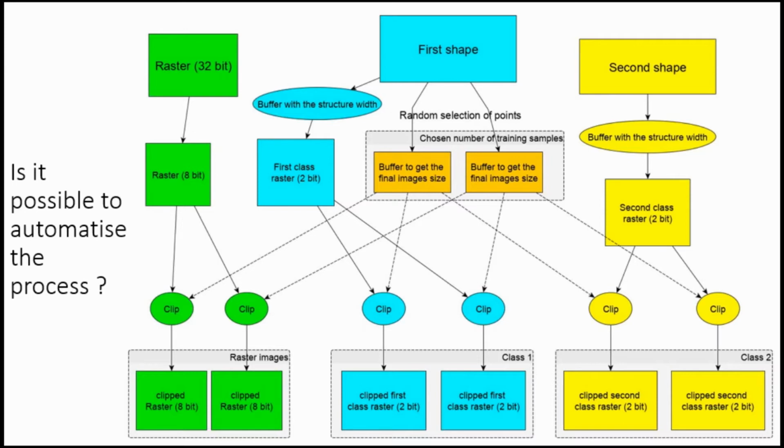So the first step is to get output image buffers of the right size, which is here on the screen, which will be used to keep every raster image in the end. Afterwards, we also have to transform our input shapes into 2-bit rasters, which we usually do by hand, as I showed on the previous slide.